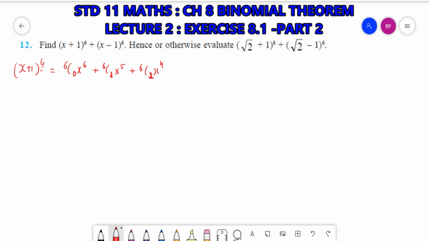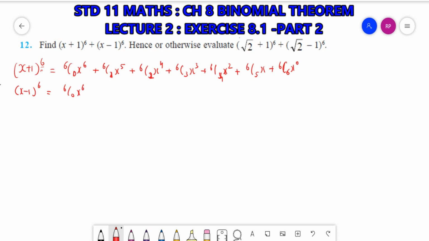Again, 1 square will be 1, so I will not write 1 anywhere.